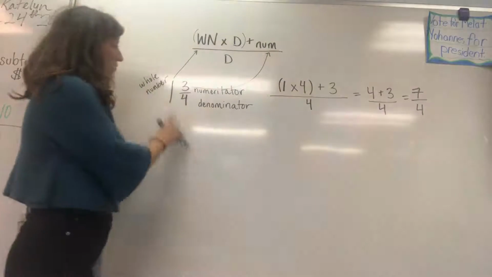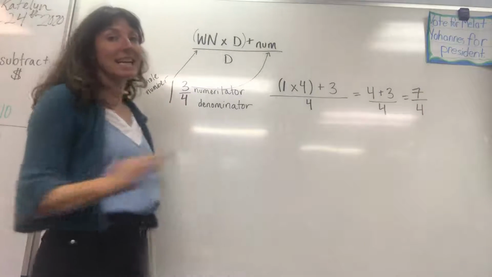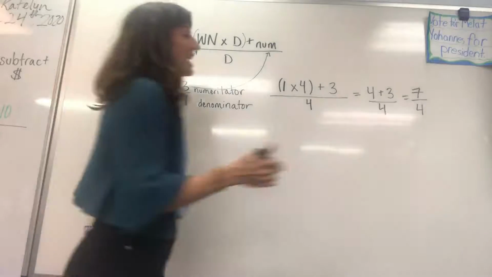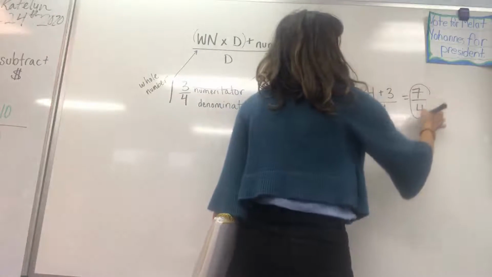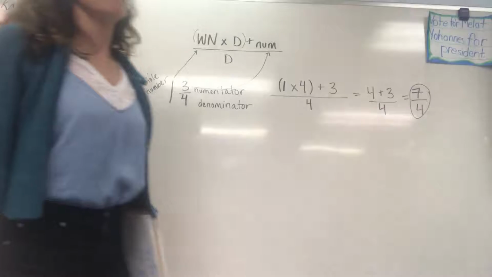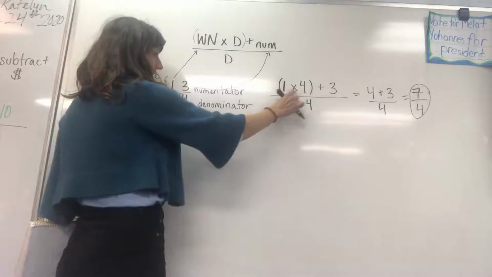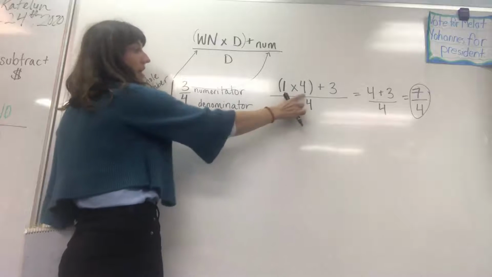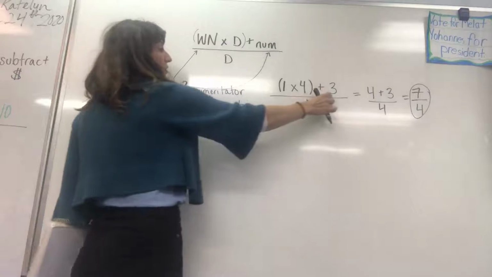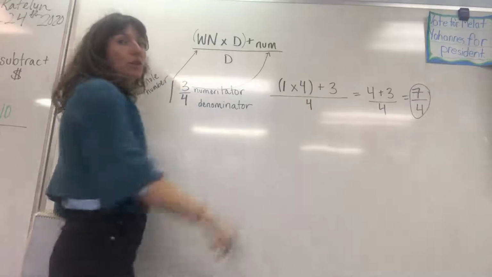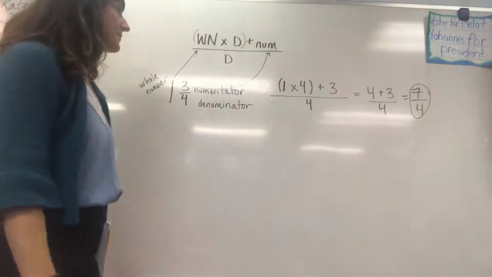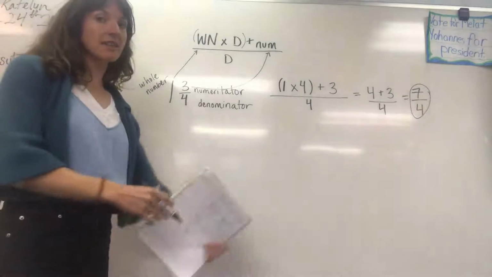So this is how you change 1 3/4 into the improper fraction 7/4. That's the example in the box. Whole number times your denominator plus your numerator all over your denominator. Okay, so that's all the information in the box.